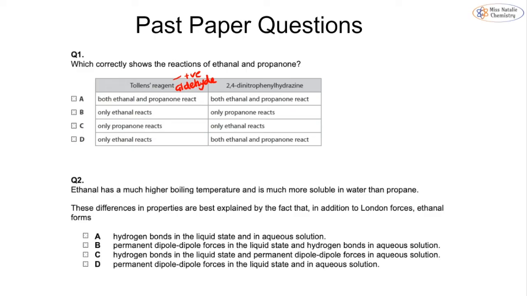So for the ethanal, this is going to be the aldehyde, whereas the propanone is a ketone. Now both of these are carbonyls, so of course both of them will react with the 2,4-DNPH, so we can get rid of B and C. That leaves us with A and D, and because the Tollens is only positive for an aldehyde, only the ethanal can react, so our answer must be D, because propanone will not react with Tollens reagent.